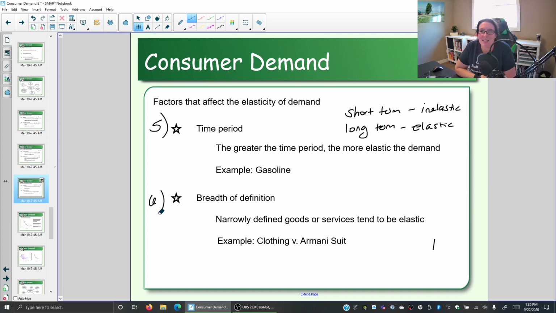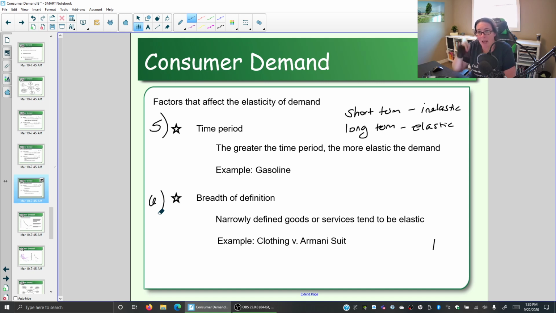The last determinant of elasticity, so the last thing that makes something more elastic or inelastic, is the breadth of definition. So what is it we are talking about? Are we talking about something that is brand specific, like an Armani suit? Or are we talking about something much more broad and generic, like clothing? So, Armani suit doubles in price. Well, there are alternatives, right? We're being very specific here.